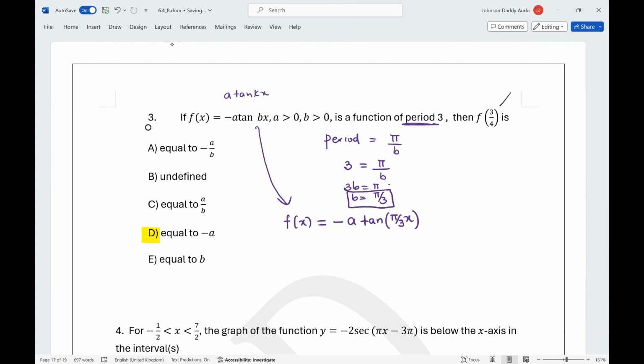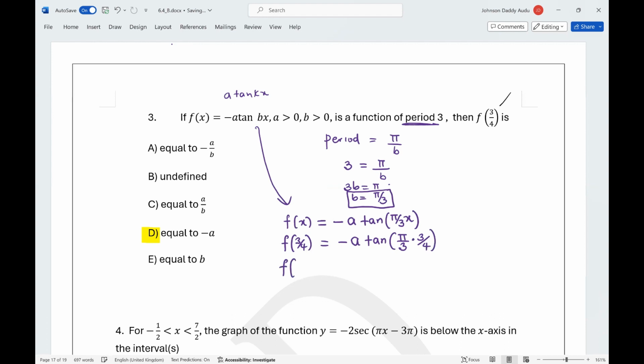So that's it. Now we want to find f of 3 over 4, which is minus a tan of pi over 3 multiplied by x. What is x? x is also 3 over 4.